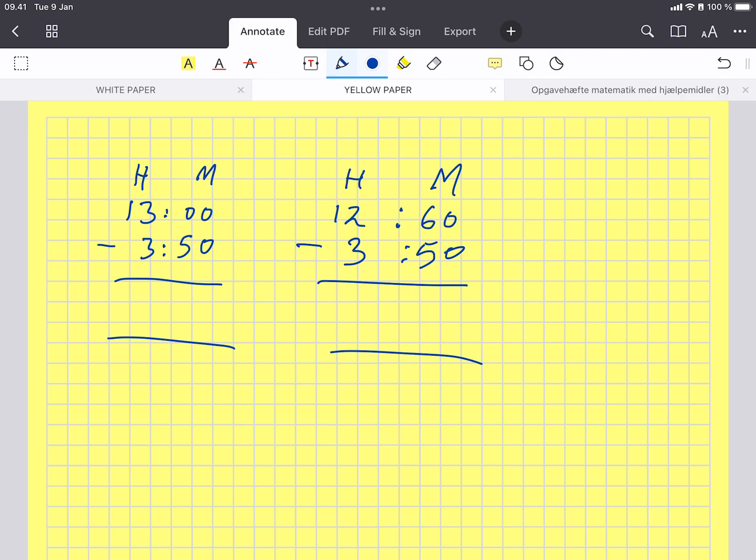And then it works as a subtraction, with everything on the top being bigger than everything on the bottom. So 60 minus 50 is 10 minutes. 12 minus 3 is 9 hours. And 9:10 is the time that they need to leave.